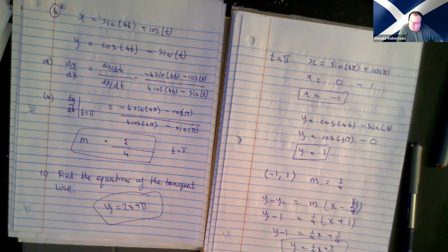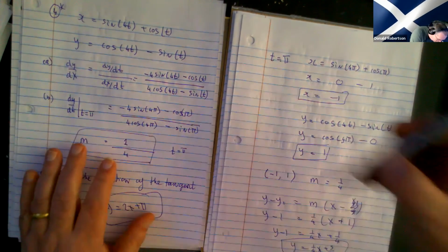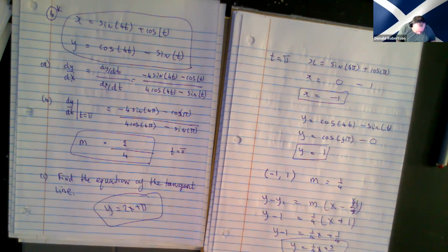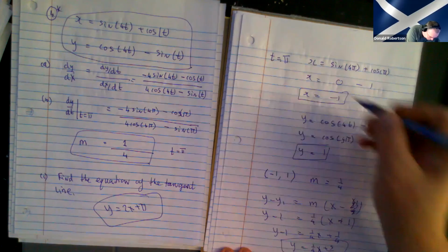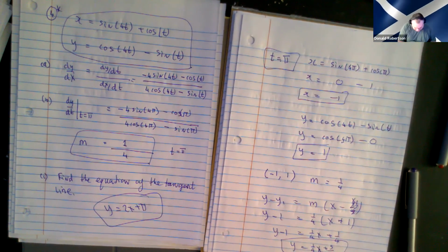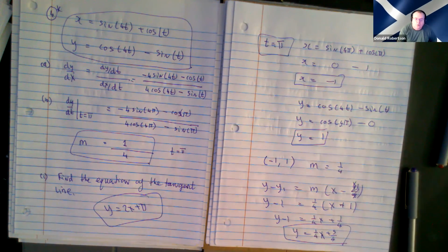So far, so good. So for this parametric equation, this curve here, the tangent line at t equals pi is going to be, if I haven't made any mistakes at least, y equals 1/4 x plus 5/4.